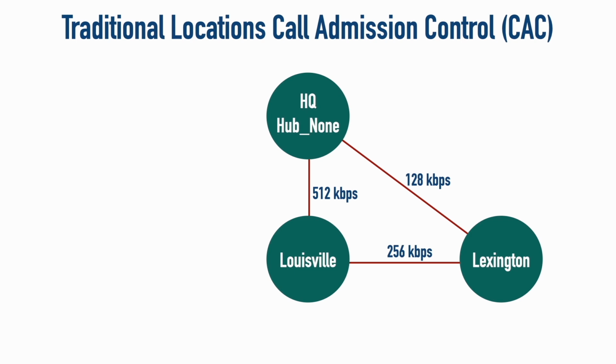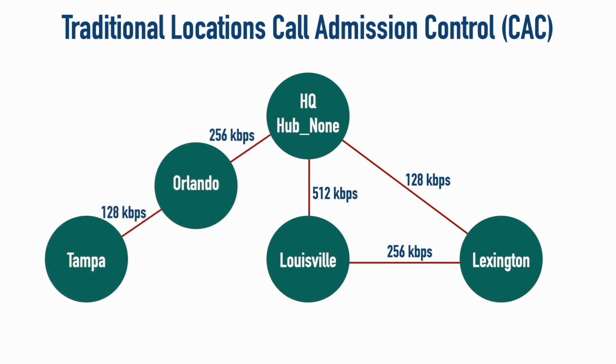Here's another instance where we might have a breakdown with traditional locations, and that's when a location is a transit location. Let's say, for example, that I've got a link to Orlando, and through the Orlando location, I get to the Tampa location. And if I go into my locations configuration and say, I've got a 128K link to Tampa, because that's the speed between Tampa and Orlando, and I've got a 256K link between the Hub None location and Orlando.